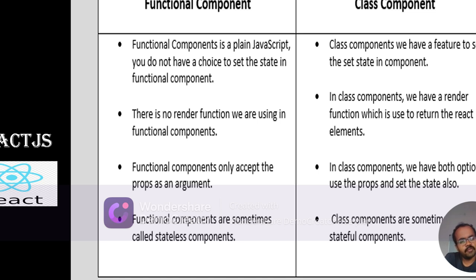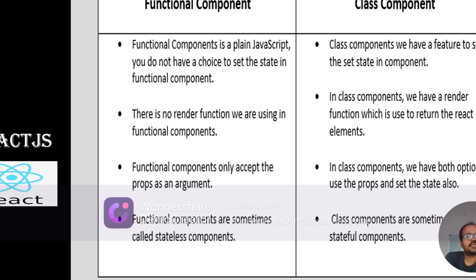Props means passing a property from one component to another component, from the parent component to the child component. To receive it in the child component we need props. So the functional component accepts only props, while the class component has props as well as state.